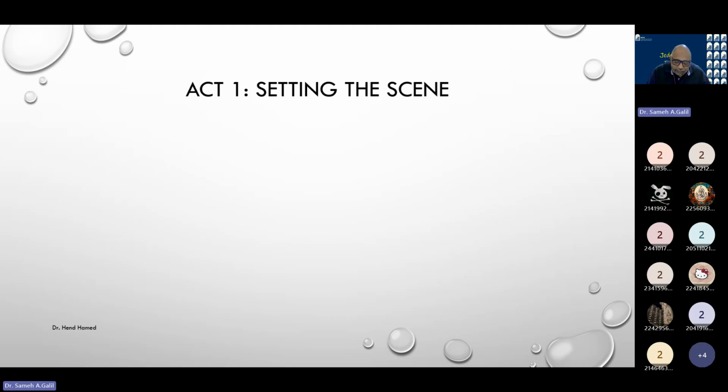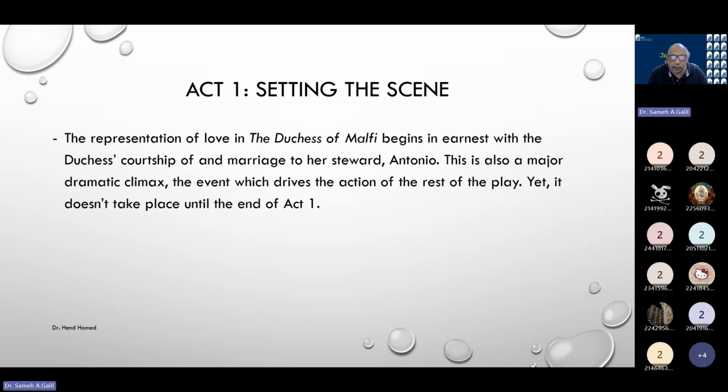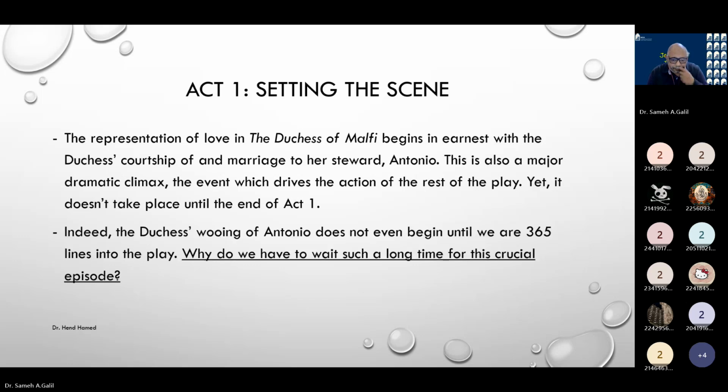Those profiles are going to help us make informed assessments about their characters as we proceed. We're not going to see much of the Duchess herself. The Duchess, by the way, doesn't have a name, and that would contribute to the universality of the message that she is carrying. She's every woman. She can be you, she can be my mom, she can be my daughter. It's a universal message that she was giving and delivering.